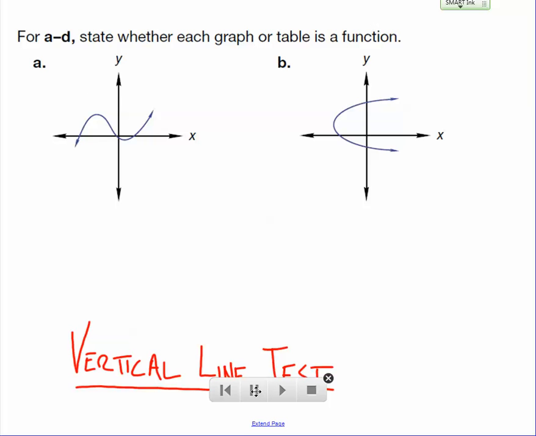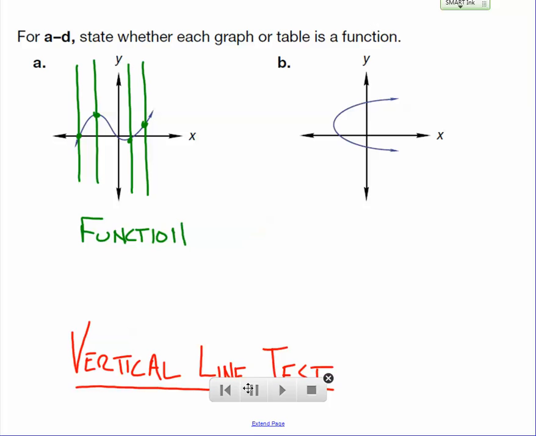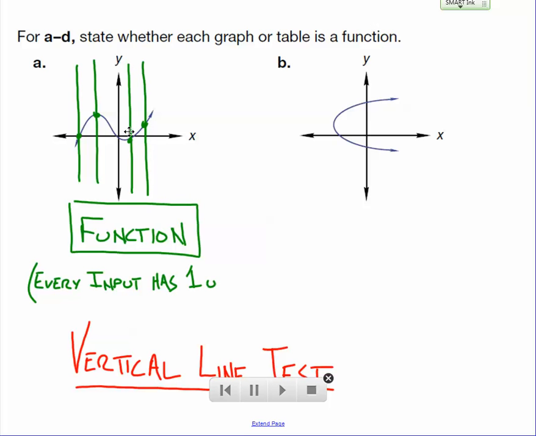If I run a vertical line through this graph anywhere, you'll notice that the vertical line only crosses the graph once at any one of these given vertical lines, which means that this is a function. Because what we're basically determining is that for every one input, there's exactly one output. When you put in x is 5, you get y is 2. When you put in x is 2, you get y is -1. I'm just making up those numbers, but for every input, there's exactly one output.